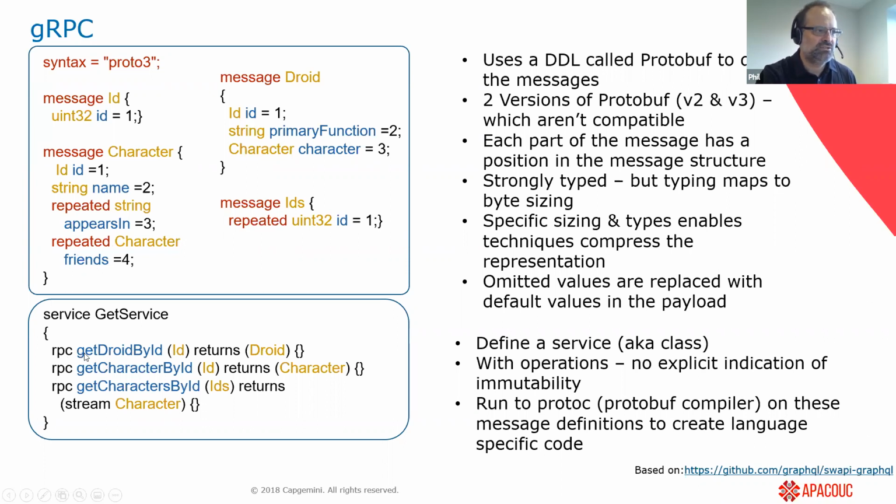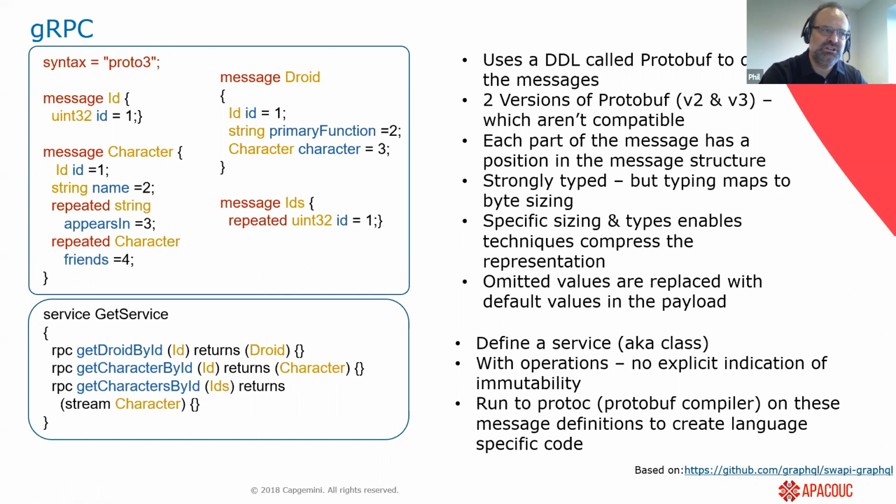As you can see, get droid by ID. So then you just say it's an ID and what it returns. And then you can also handle requests for streams as well. So that's a bit more explicit here.